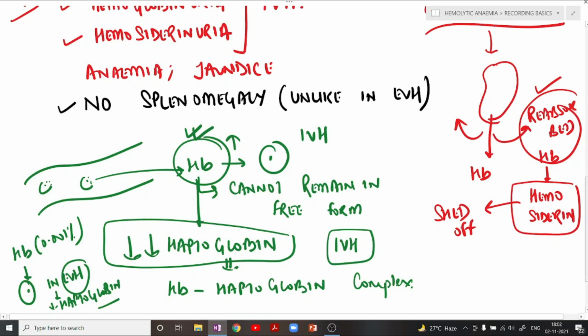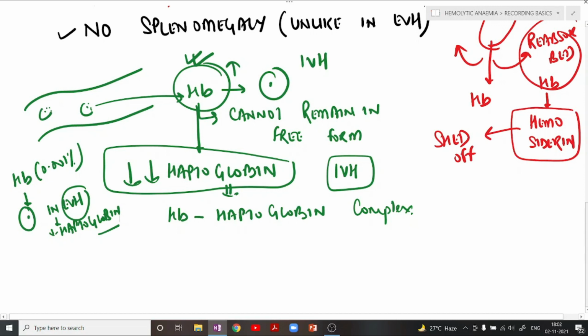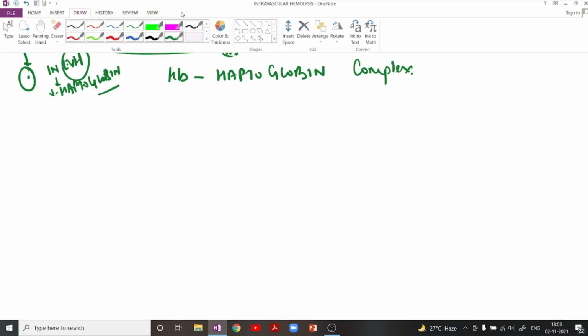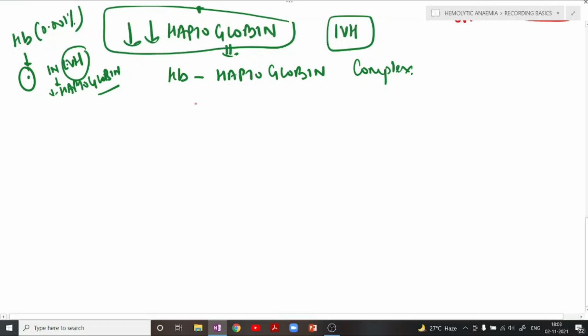So let us see some of these important features, what is happening over here in case of IVH. This hemoglobin haptoglobin complex, once it enters the circulation, is basically cleared by the mononuclear phagocytes.